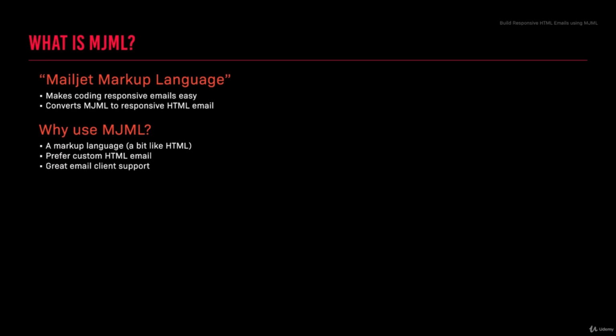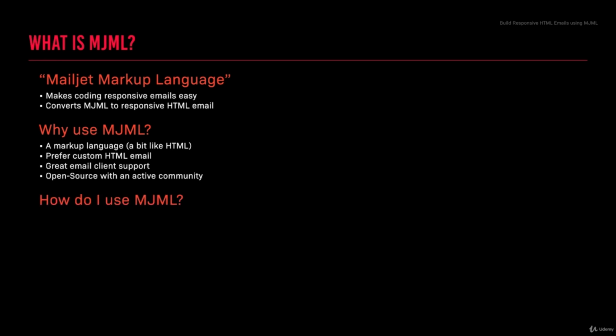It also has great email client support, so you don't have to try and fix each email client using hacks. It's all included when converted to HTML. It's open source with an active community, and you can also contribute to the MJML project.